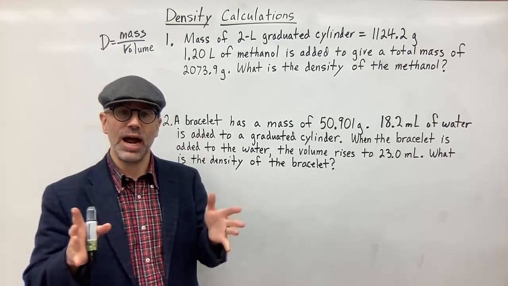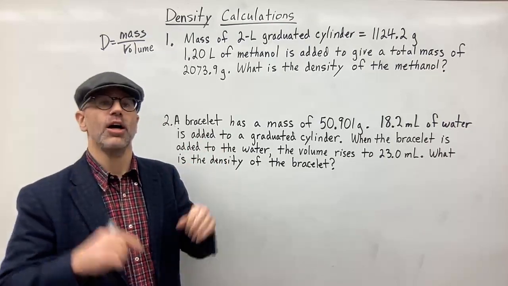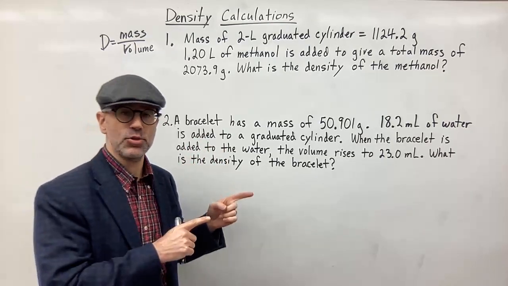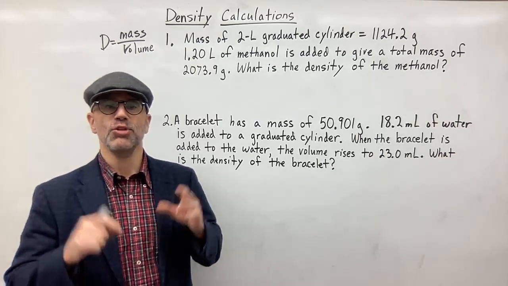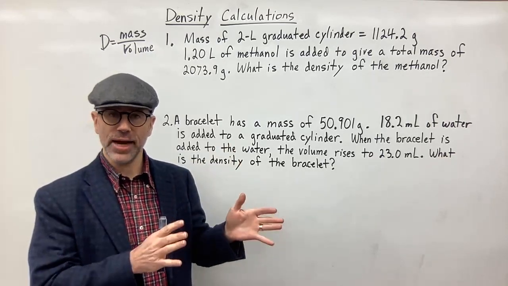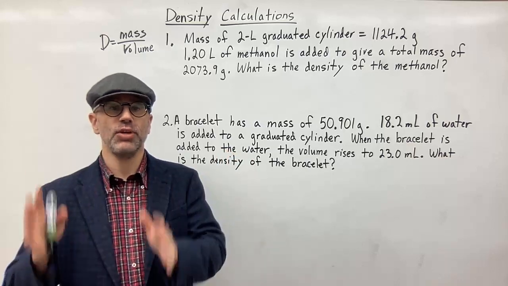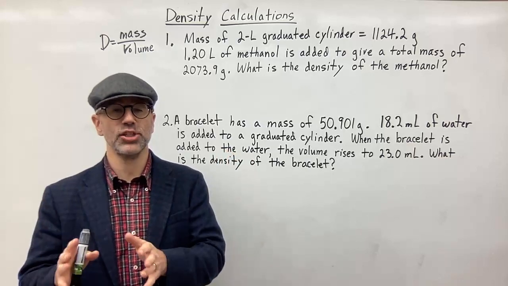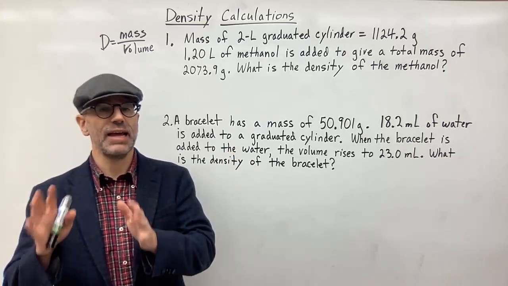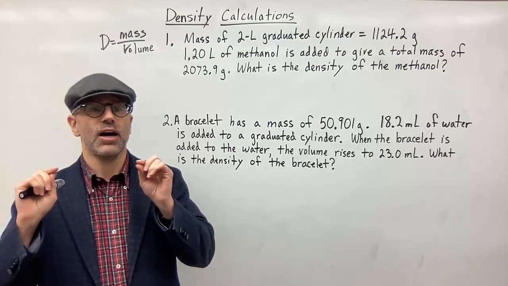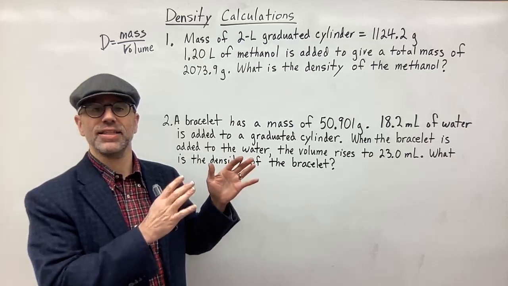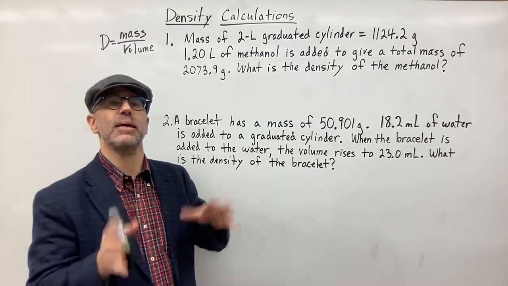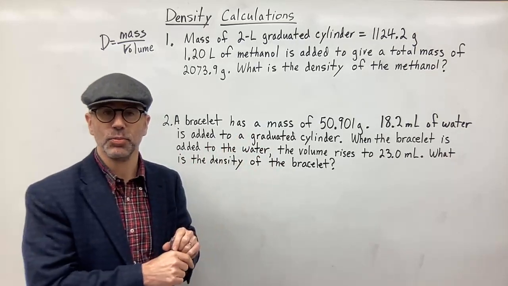When you're talking about rounding your answer, the rule for adding and subtracting is different from the rule for multiplication and division. When you're adding and subtracting, the answer should have the same number of decimal places as the measurement that has the least number of decimal places.